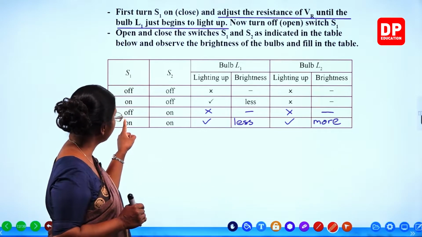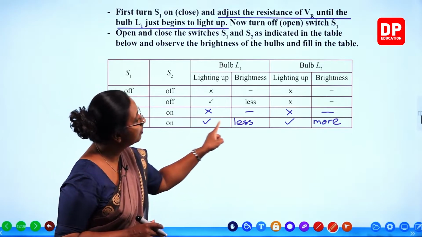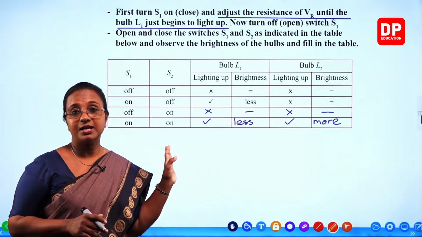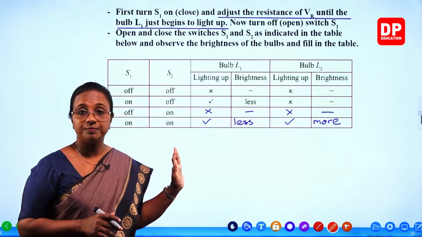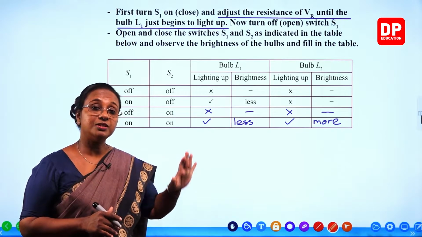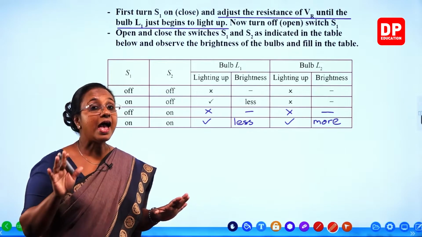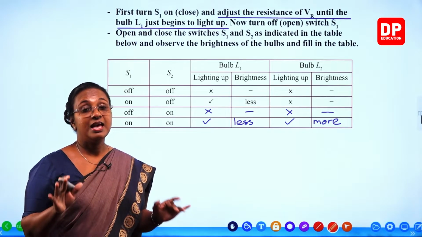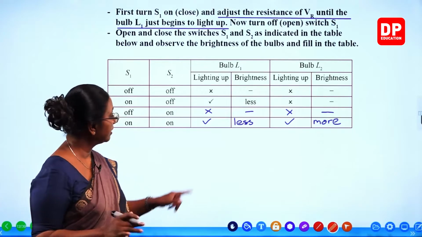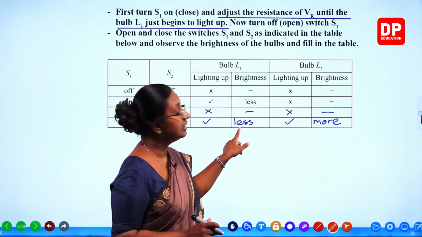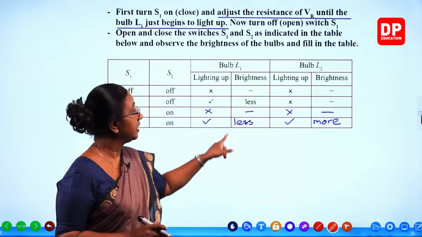When you have S1 off, S2 on, both the bulbs do not light. But when you have both the switches on, there will be current flowing through the input circuit and the output circuit. And you were able to observe the amplification of current by looking at the brightness of the bulbs.